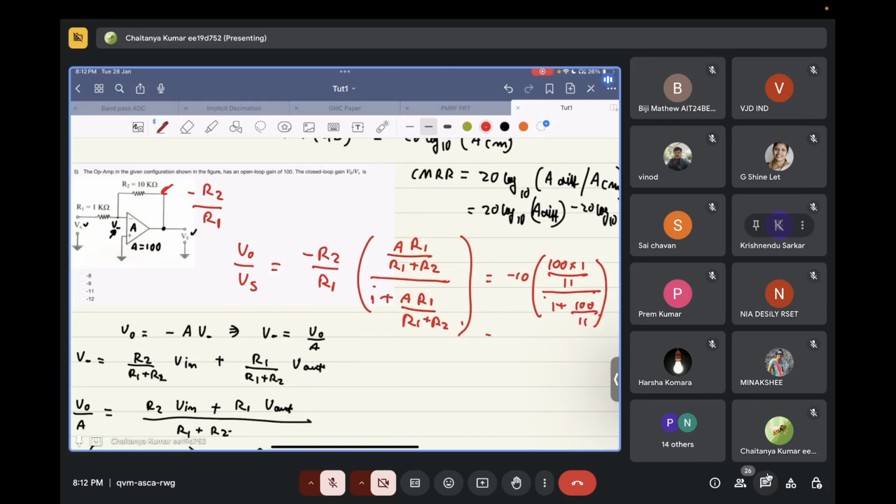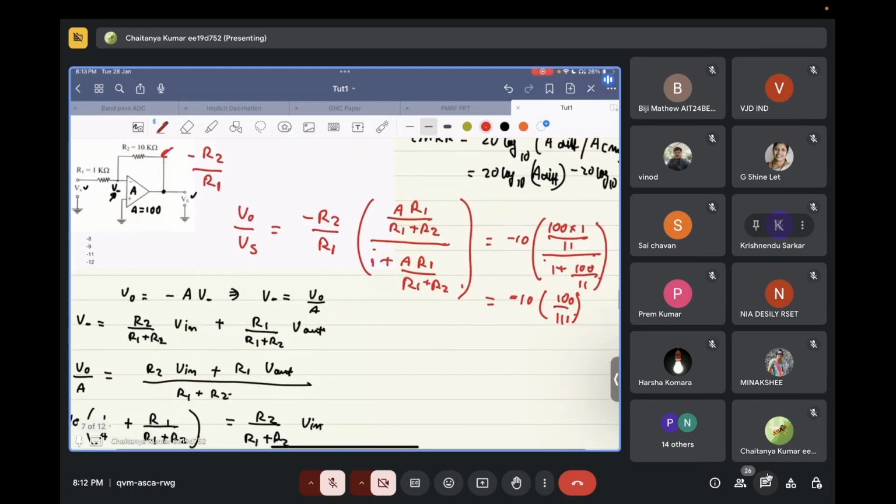So this is equal to minus 10 times, sorry, 100 by 111. Is this clear?